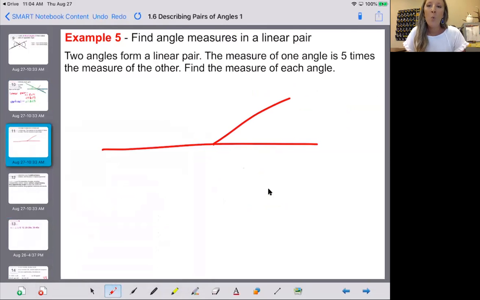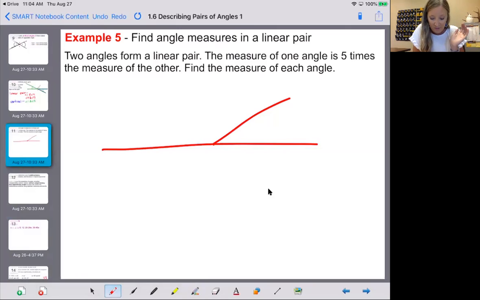The measure of one angle is 5 times the measure of the other angle. Okay, so like if one angle was 100, the other one would have to be 500, right? Or if one angle is 20, the other one would have to be 100. It's 5 times bigger. So I don't know how big either one is. I just know whatever one is, the other one's 5 times bigger.